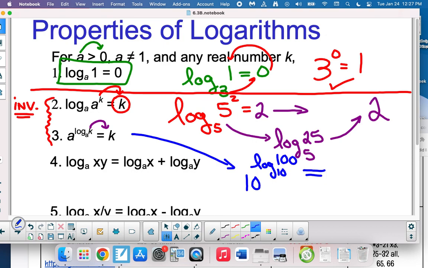What's it equal? It says right here: exponential base A raised to the log base A of k is k. So they're telling me the answer is 100. Is it? Let's do it little by little.